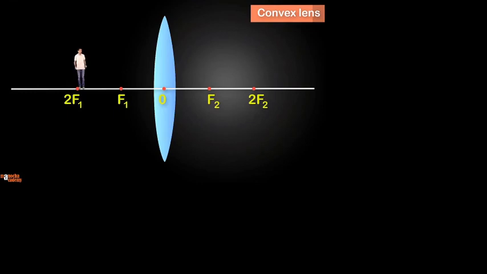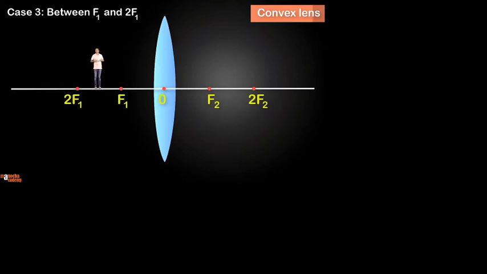Now I'm going to move closer to the lens. So we have our case 3 here, where the object is between f1 and 2f1. I would suggest you pause the video here, draw the ray diagram and try to find the image yourself. Also write down the properties of the image formed.